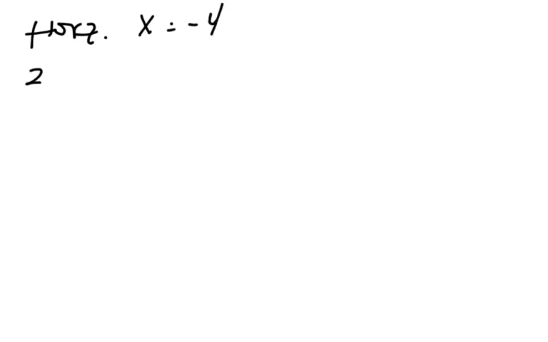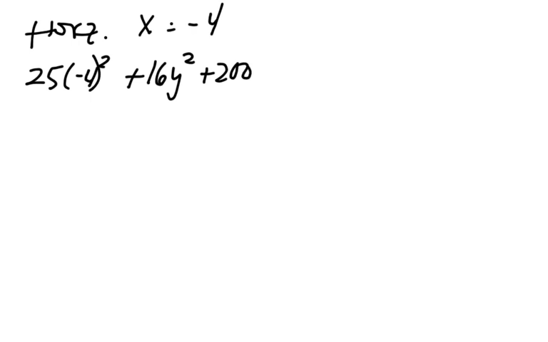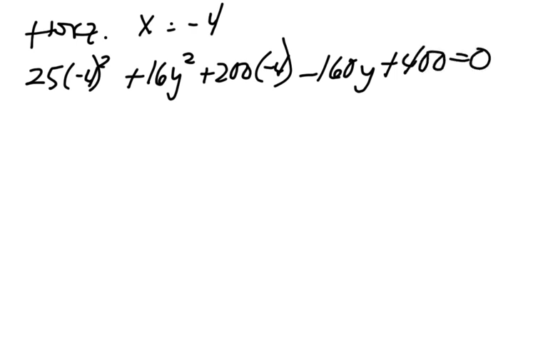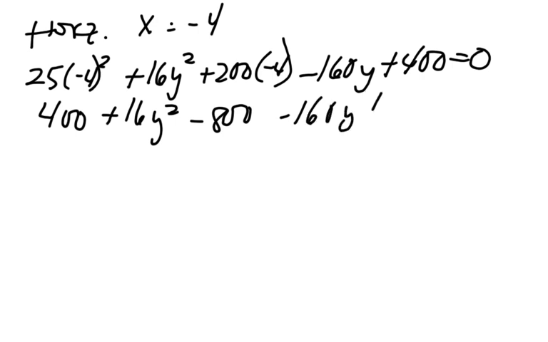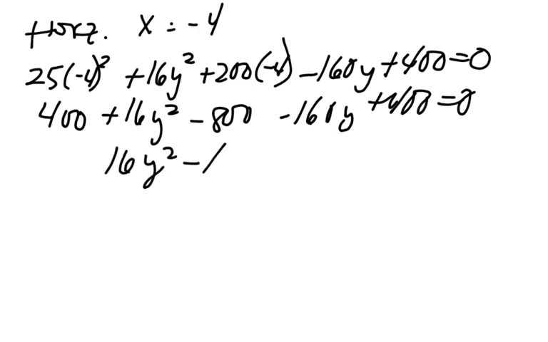So I'm going to go 25 times negative 4 squared plus 16y squared plus 200 times negative 4 minus 160y plus 400 equals 0. 400 plus 16y squared minus 800 minus 160y plus 400 equals 0. It's going to be 16y squared minus 160y. The rest of that adds to 0.